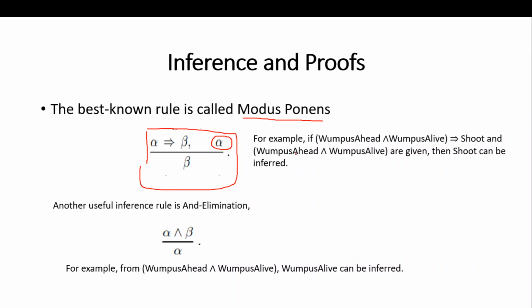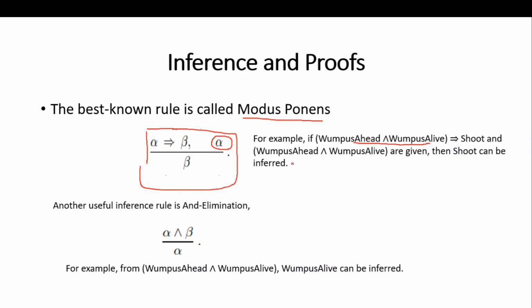Here is an example. If Wumpus ahead and Wumpus alive, then it implies shoot. If the Wumpus is ahead of you and the Wumpus is alive, then it implies you have to shoot the Wumpus.